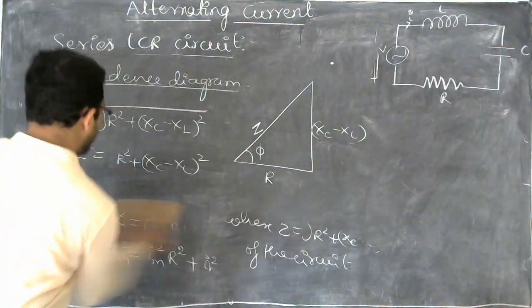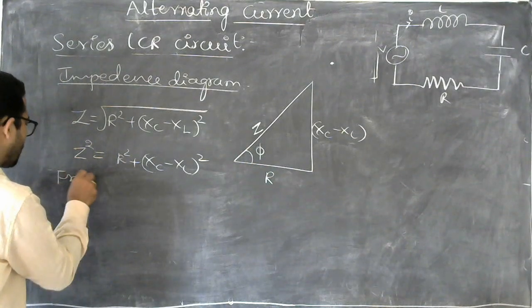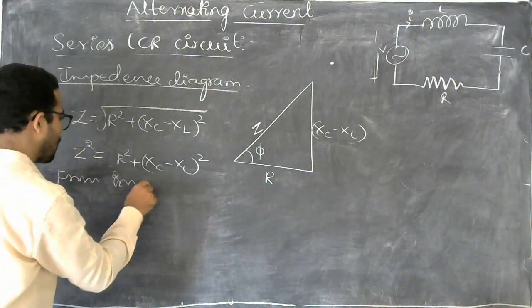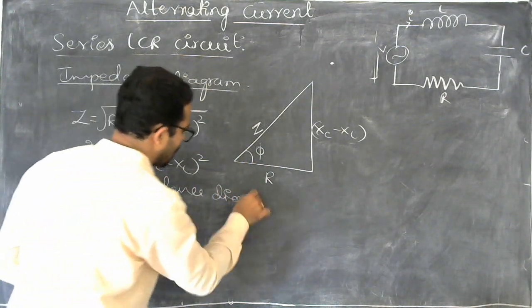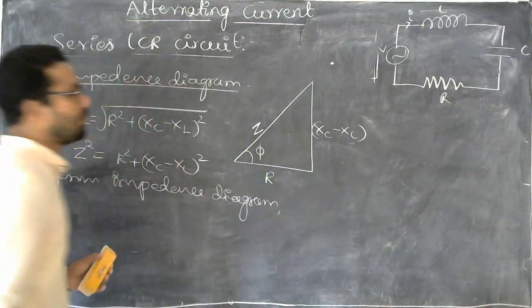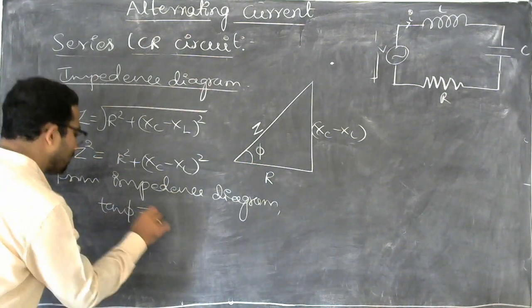So from this impedance diagram, let's take tan of phi.